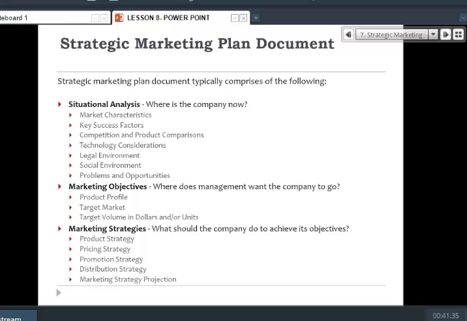Marketing strategies: what should the company do to achieve its objectives? Product strategy, pricing strategy. You need to set up a reasonable pricing, especially when you start up your business. At this stage, you need to have the most attractive pricing for your customers.